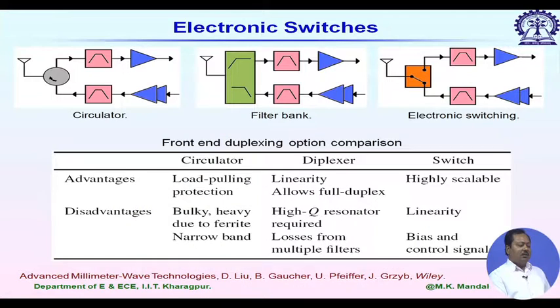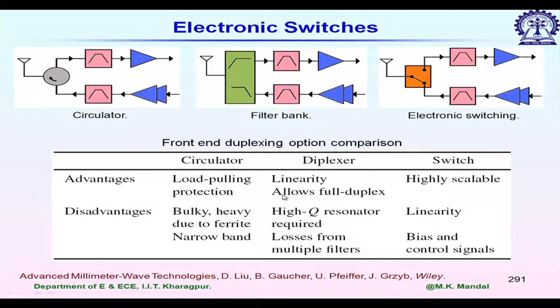So, next is the duplexer. Its advantage is its linearity. So, whatever power we use, low power or high power, it won't give you any non-linear property. So, this is the main advantage of a duplexer, and also it allows a full duplex system.